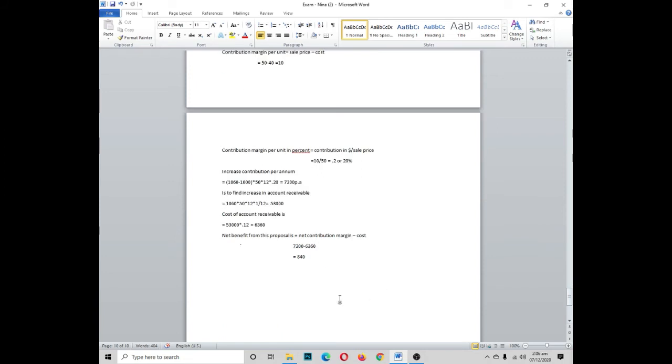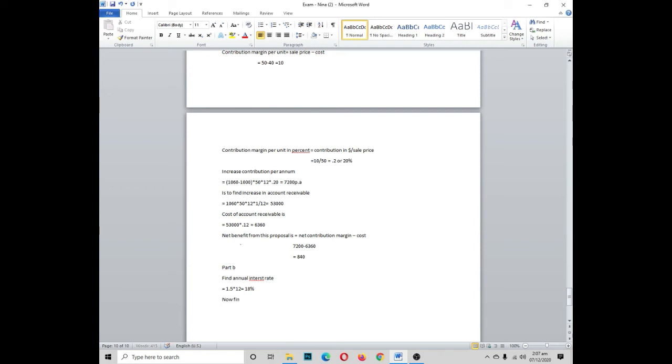First, for part B, find the annual interest rate. Annual interest rate is equal to the per month interest rate 1.5 multiplied by 12, equal to 18% per annum.